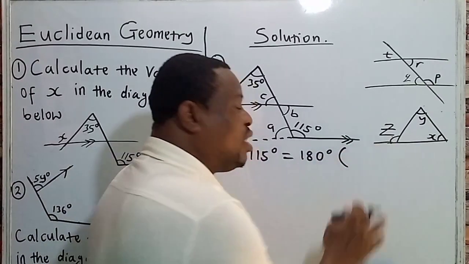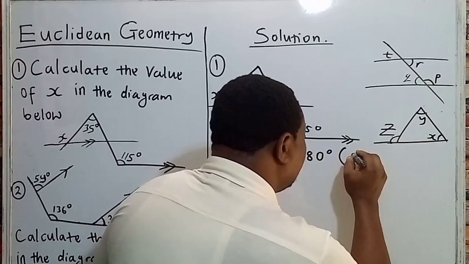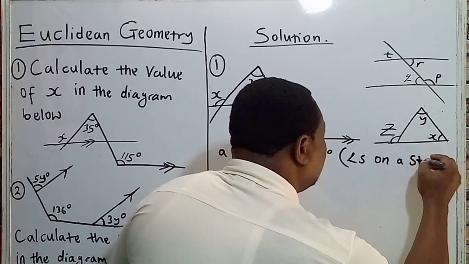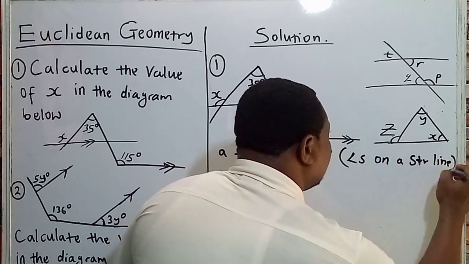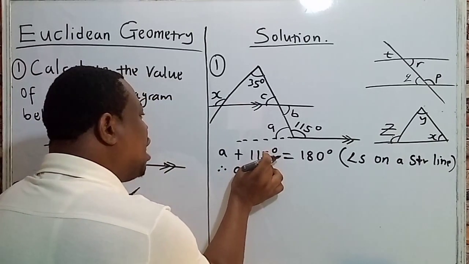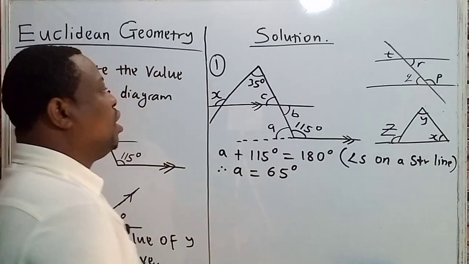You must state the reason. The reason is very important in geometry. They are angles on a straight line. Now, if I subtract 115 from both sides, I'm going to get A to be 65 degrees.